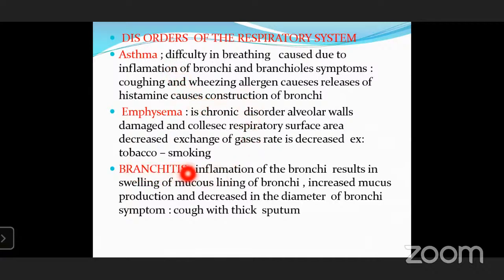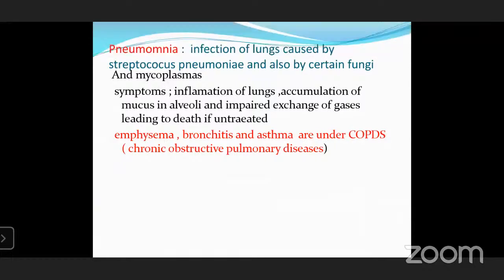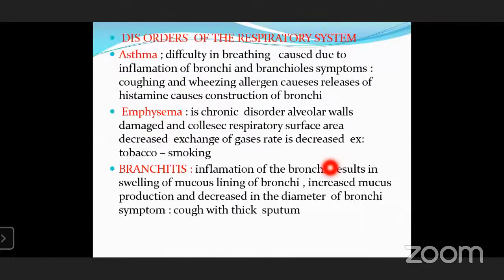Next one, bronchitis, very important. Inflammation of bronchi results in swelling of the mucus lining of bronchi, increased mucus production and decreased diameter of bronchi.